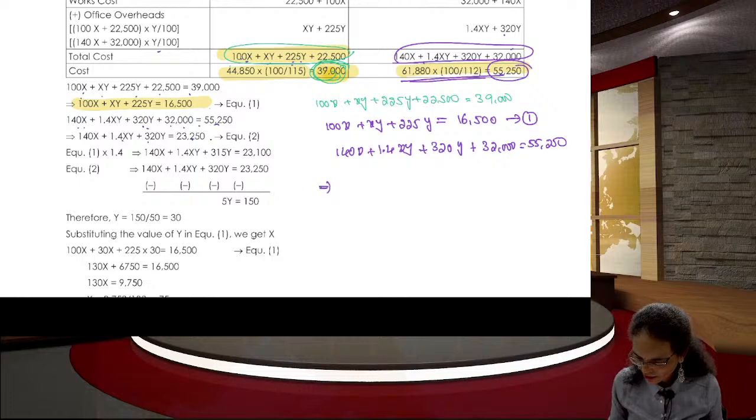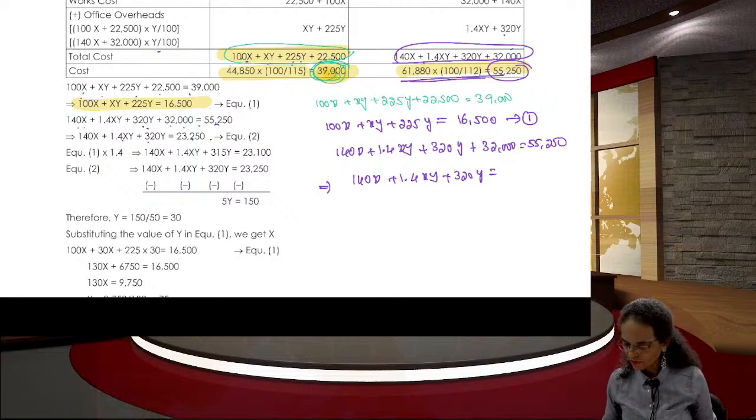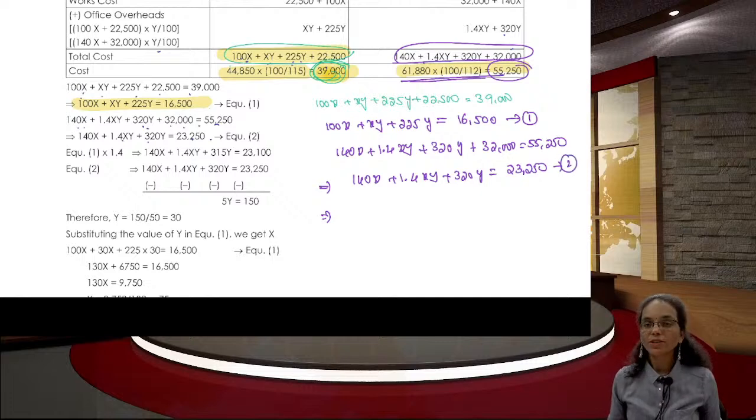So you calculate this one, 140x plus 1.4xy plus 320y equal to 55,250 minus 32,000, that is 23,250. So you assume that this is equation number 2.